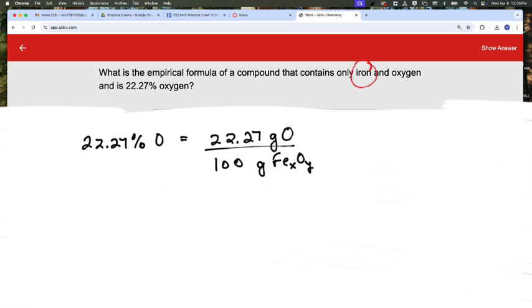Right? That's what that tells us. Right? We only have iron and oxygen, right? So what if I just have, I don't know, let's just say for giggles, a 100 gram sample. How many grams of that would be oxygen? 22.27. Cool. So if I just say 100 gram sample, that means I'm going to have 22.27 grams of oxygen. And in the empirical formula, we can't use grams, so what are we going to have to convert to?